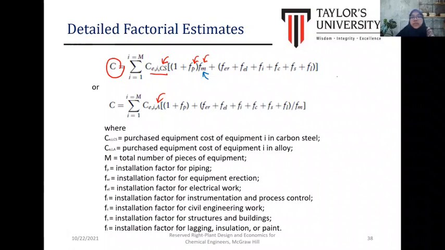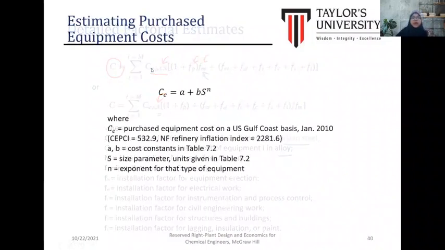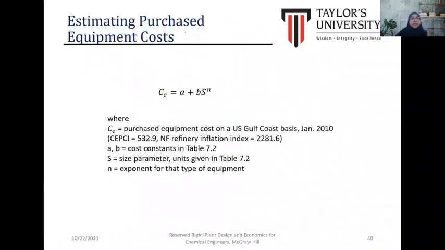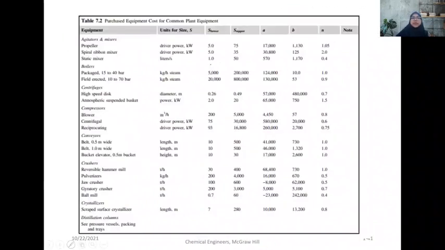You can use this equation or another equation based on the purchased equipment type, whether using alloy steel or carbon steel or alloy. Okay, in estimating the purchase cost, we will focus on how to estimate the purchase cost. Okay, first using this equation by considering the scaling factor on the size parameter using this table.